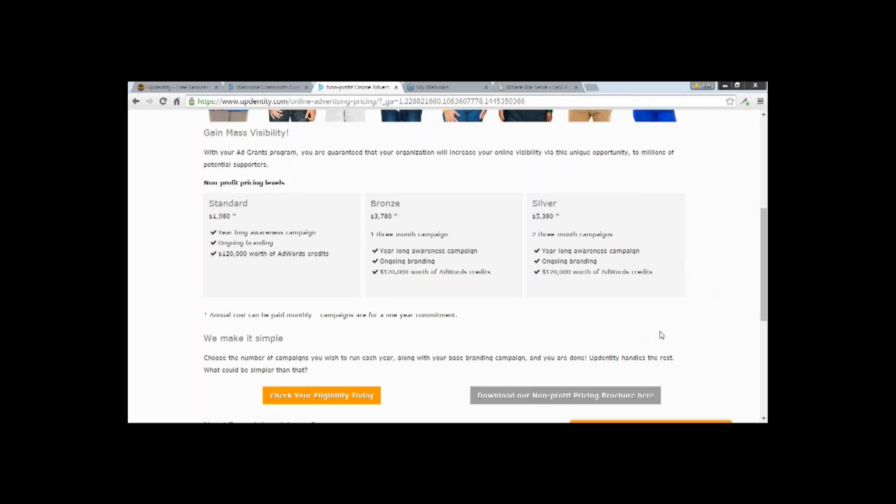Now, this bronze here that you're seeing, that is that year-long awareness campaign that I was talking about. And then there's an additional 3-month campaign offered with that. Say you want to have a campaign running where the sole focus is to generate donations. We would create a landing page whose sole purpose is to get people to donate.